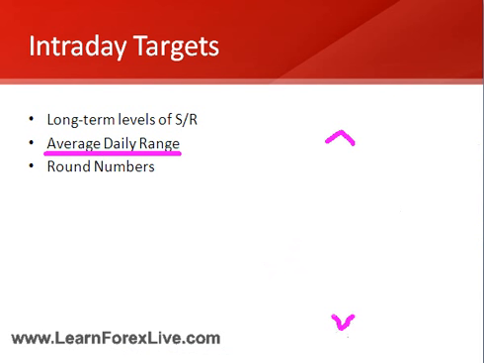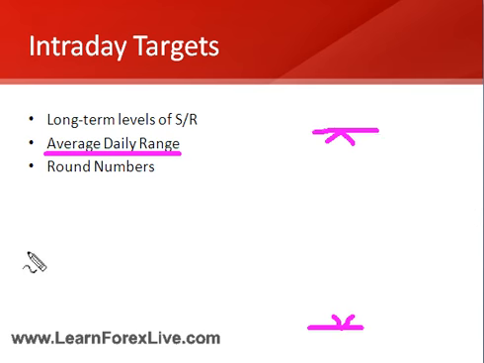Usually we consider either the last 7 days or the last 14 days of price action. I personally use 7. I like to see how many pips price has moved from its lowest point to its highest point from a daily perspective throughout the last 7 days.